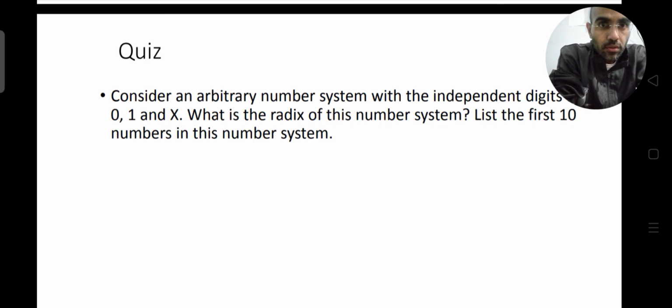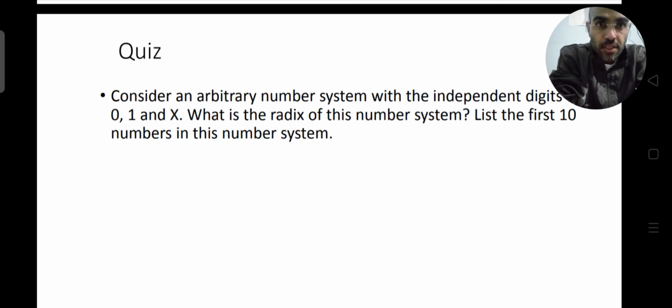So this will be considered as a quiz, and the solution for this will be provided in the next class. You have to do the question on your own and show me the solution in the next class.